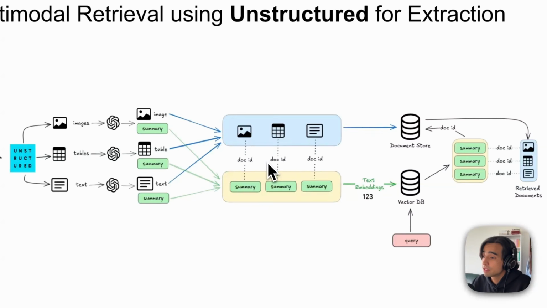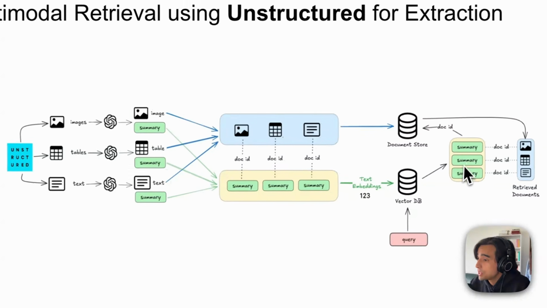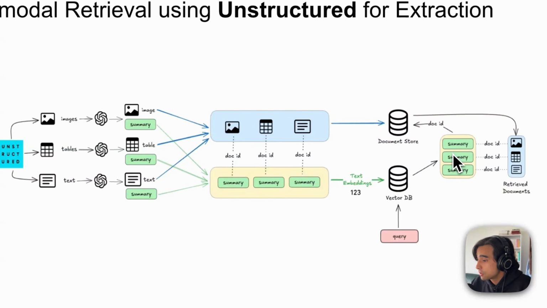And this is very relevant because now retrieval becomes possible, because now you can query your vector database like you would query a regular RAG pipeline, and then the vector database will return to you the most relevant documents for your query.